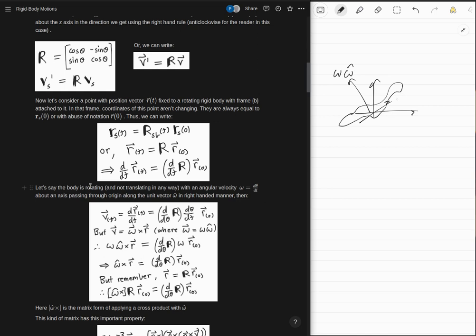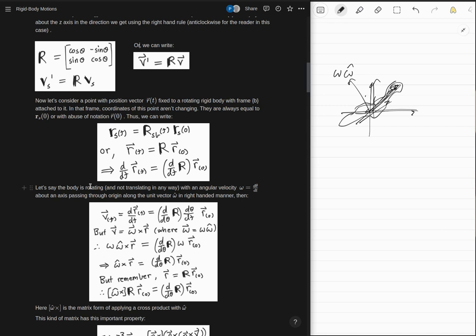And R is a point on this rotating rigid body. With respect to the body itself, or the frame attached to the body, this point's coordinates are constant, right? But with respect to this frame, this point's coordinates are not constant, they change.